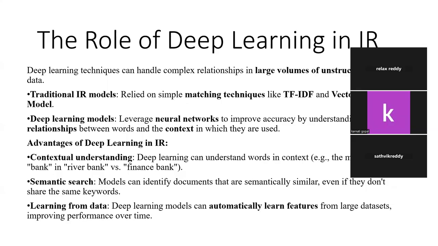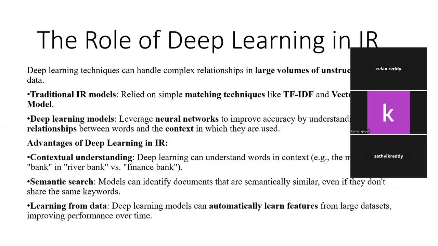These methods typically treated each word independently and did not account for the semantic meaning or context in which the words were used. On the other hand, deep learning models, particularly those based on neural networks, have the ability to capture intricate patterns in text data by learning from vast amounts of information.